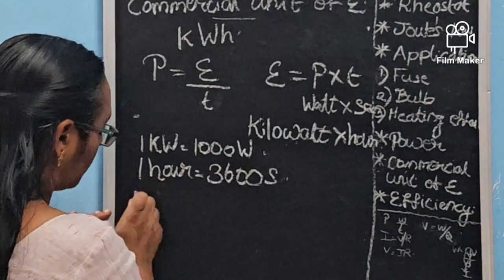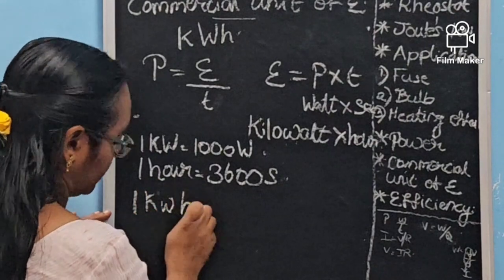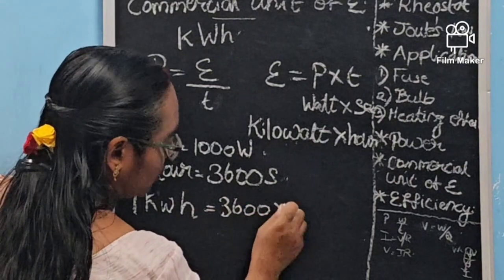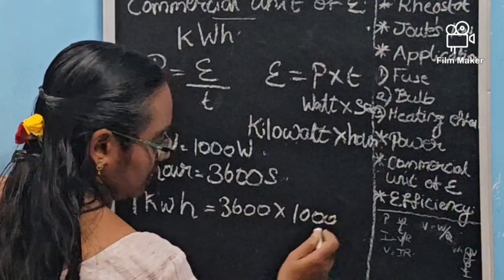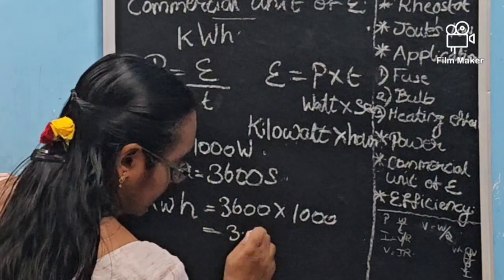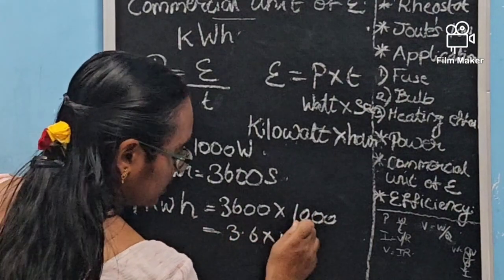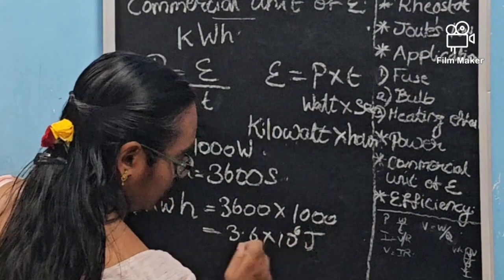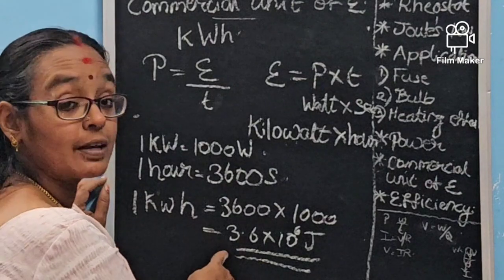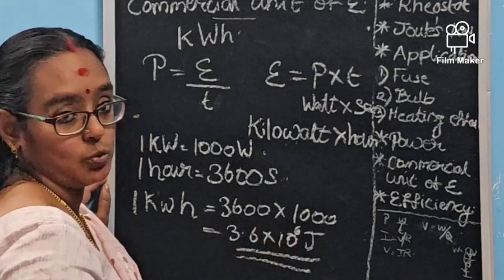So 1 kilowatt hour is equal to 3600 into 1000, that is 3.6 into 10 raised to 6 joule.